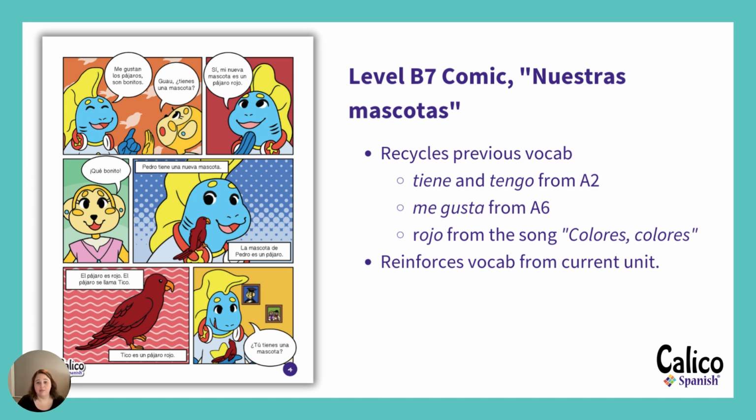Me gusta comes up from A6. Rojo is from the song Colores, Colores. So, actually, at this point in the curriculum, Rojo hasn't actually been explicitly taught, meaning that we haven't included it as a flashcard in the Calico Spanish curriculum.